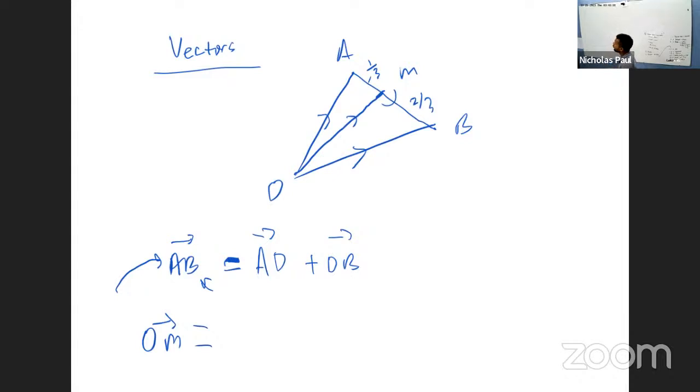M is 1/3 of the way. That will be O to A plus A to M. And A to M is what?